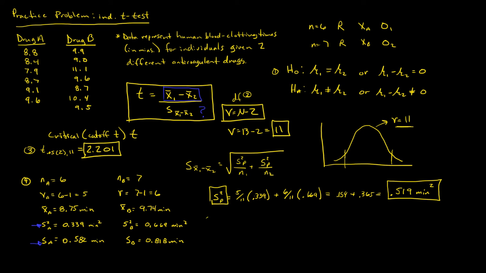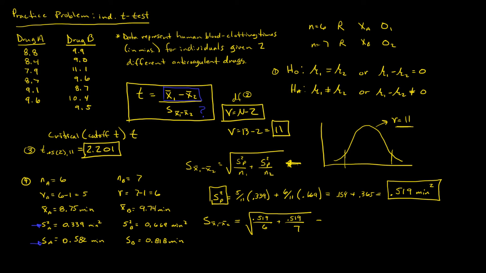Okay, so that is our pooled variance term. So to get back to the standard error of the difference between the means, we need this pooled variance term, which is then going to be 0.519 divided by 6 plus 0.519 divided by 7, and take the square root of that. That is this piece right here.